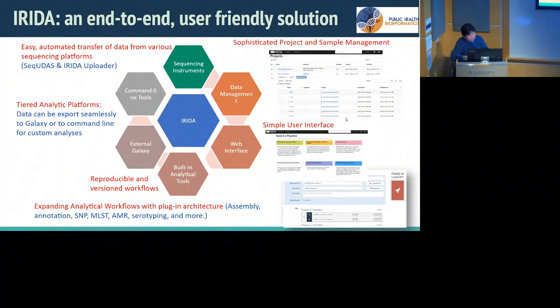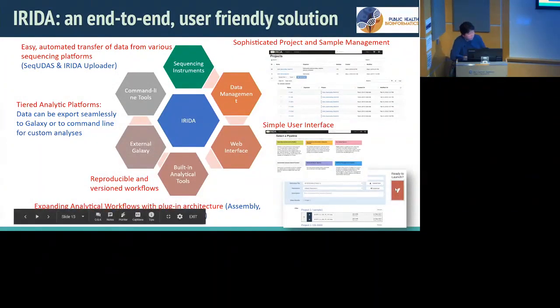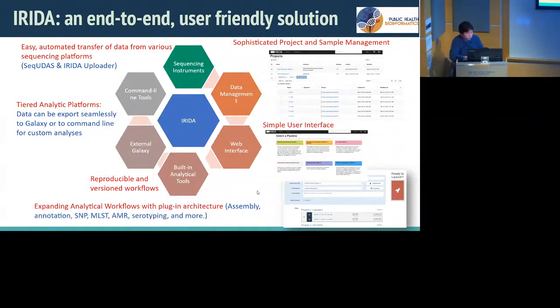Then you simply pick one of the pipelines that have been pre-configured and pre-built for you. And by, again, a single click of a button, some fairly sophisticated analysis can be performed. These include assembly of the genomes, annotation of the genomes, detecting variants of the genome, and typing of the genomes.